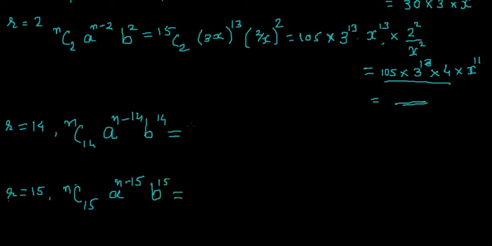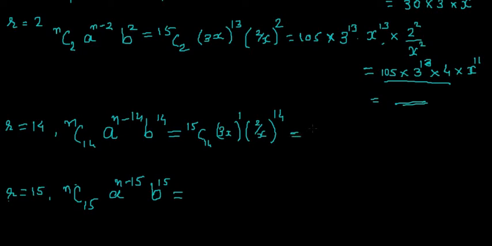Now give these values, n is 15, C14, a is 3x raised to n minus r, so 15 minus 14 is 1, and 2 by x, they are going to get the power r, that is the 14 power.